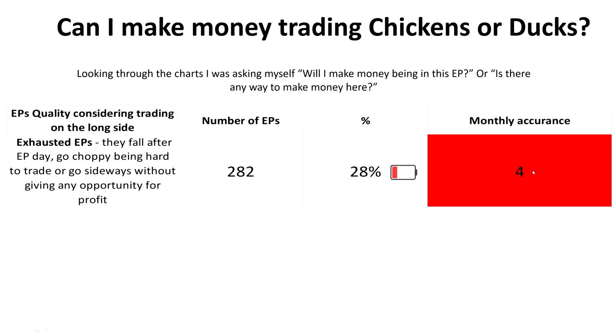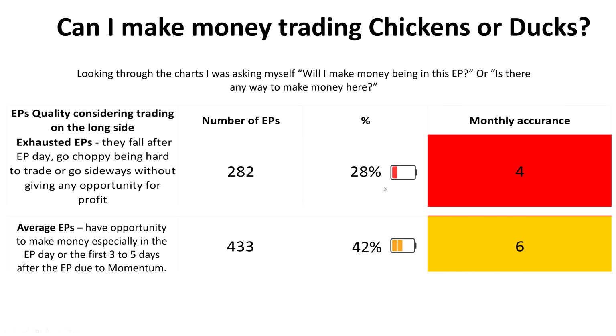I don't know how many of these 4 are chickens or ducks, but what I know is that 4 of them per month are exhausted, and there's no money opportunity there. The catalyst is most likely priced in already at the moment you enter, and you'll just sit there and make no money.